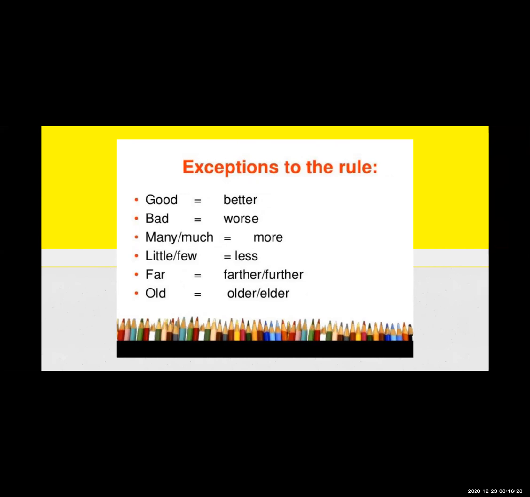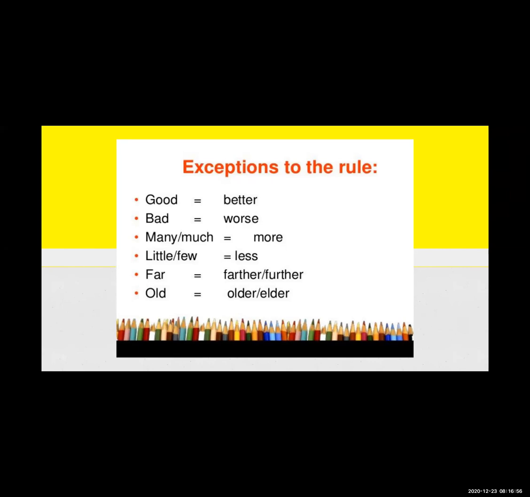Like good: suppose there is the word good, we won't say more good or goodest or gooder. This is wrong. There are some words in the English language that we cannot change by repeating the same word. We have to use another word to describe it.